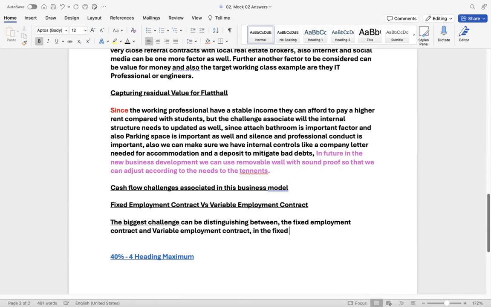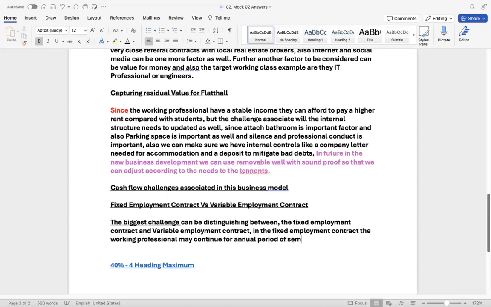In the fixed employment contract, the working professionals may continue their stay for annual periods or semi-annual, where the cash flow can be forecasted.